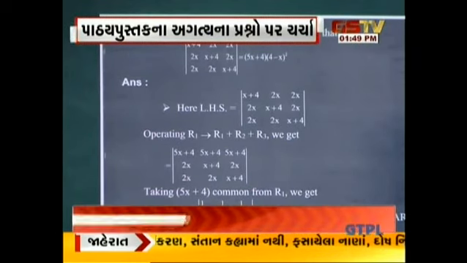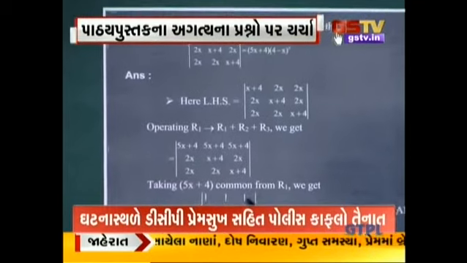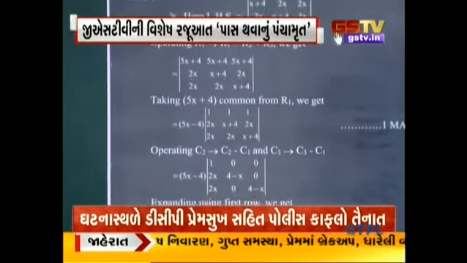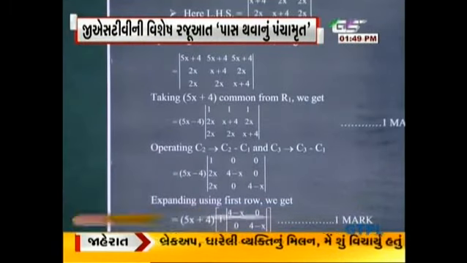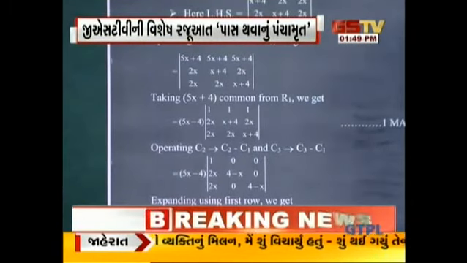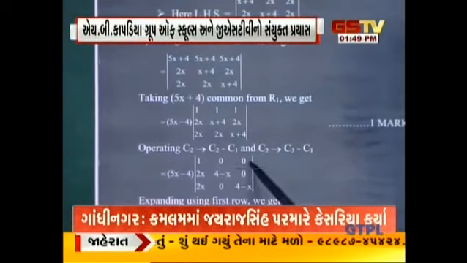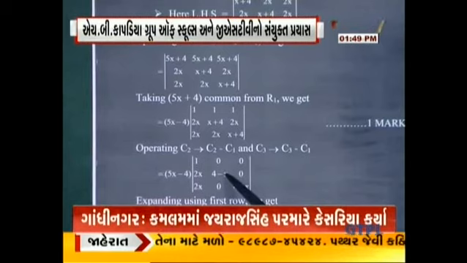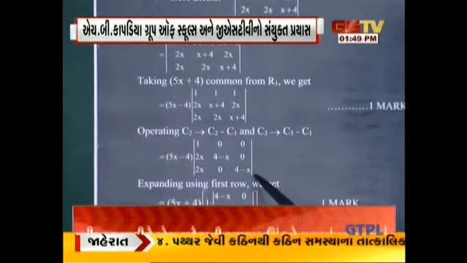Next step, now the first row is 1, 1 and 1. So we again subtract second column from column 1 and third column from second column. So we get the result 1, 0, 0, 2x, 4 minus x and 0, 2x, 0 and 4 minus x.